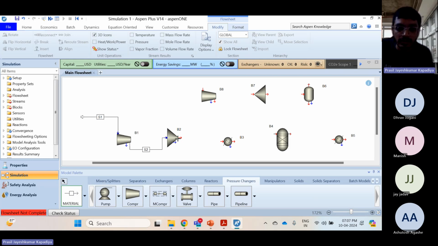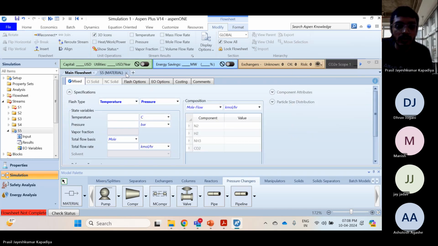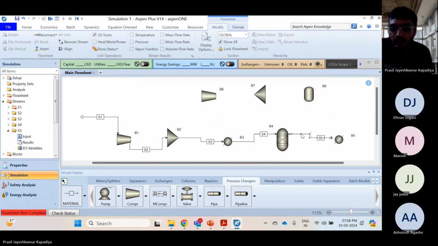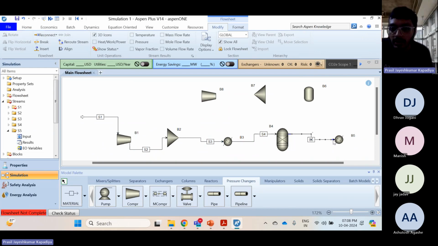Now, here to here, here to here, here to here. Okay, it's a mistake. Reconnect destination to here and again here to a flash drum.